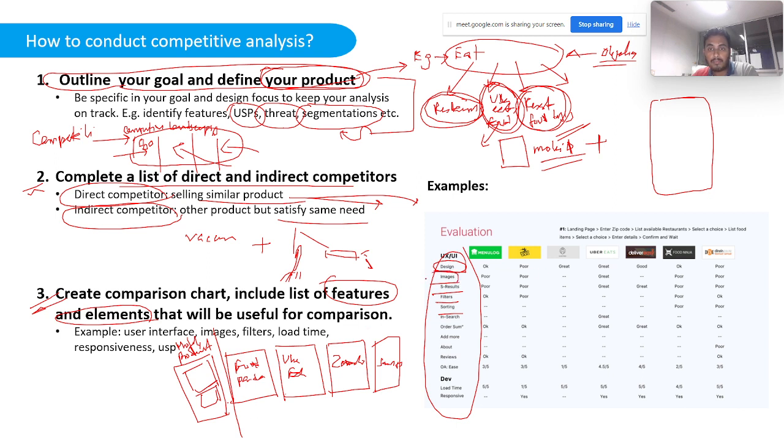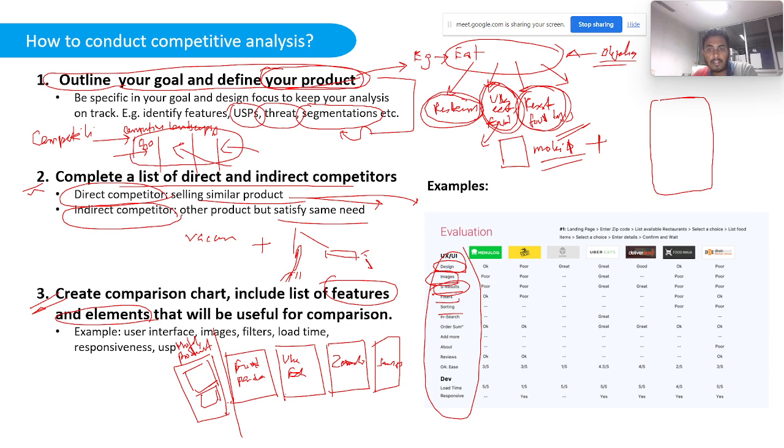Then images. Now, authenticity of images. Many companies may use fake images, internet images about food items, but you want to see by comparing these companies who actually provides the most authentic images for the food items they provide. Then search results. When you search for a certain food item, are they giving you the right results?